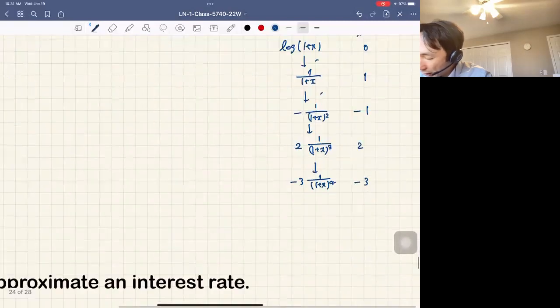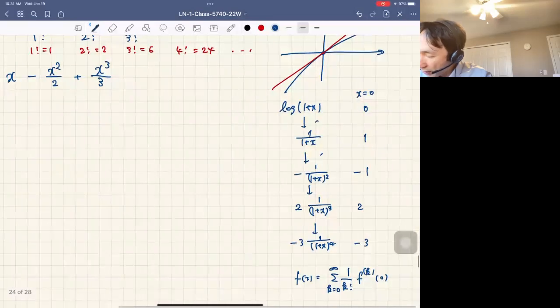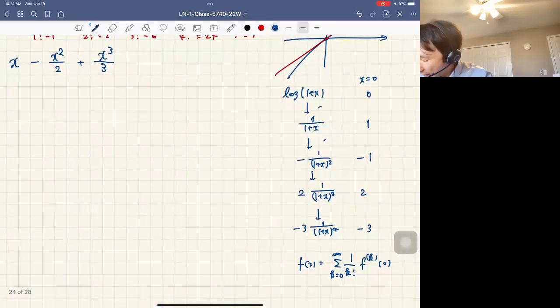Generally the Taylor expansion at x equal to 0 is f of x equal to the summation of x to the k over k factorial times the k-th derivative at 0, with k from 0 to infinity. So k equal to 0 is just 0, so the intercept is 0.